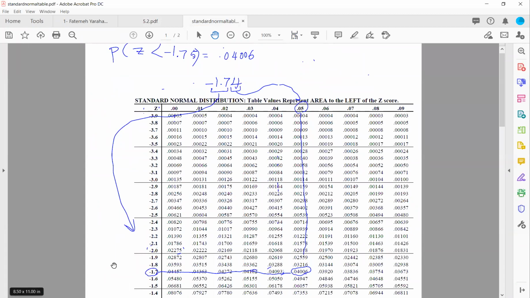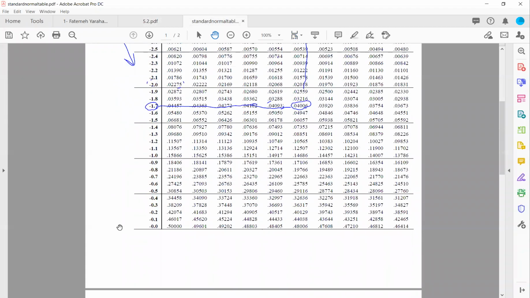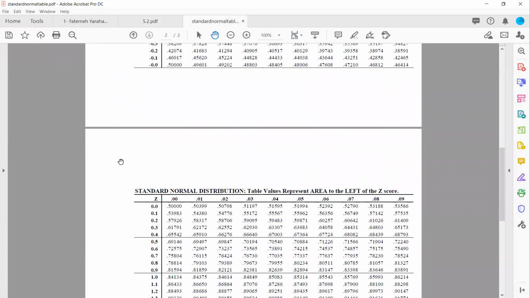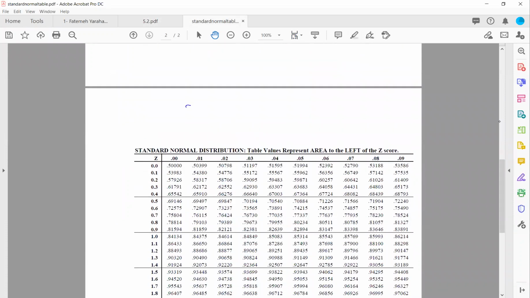It's a positive number, so we have to use the second table. We're finding the probability that z is less than 0.75.